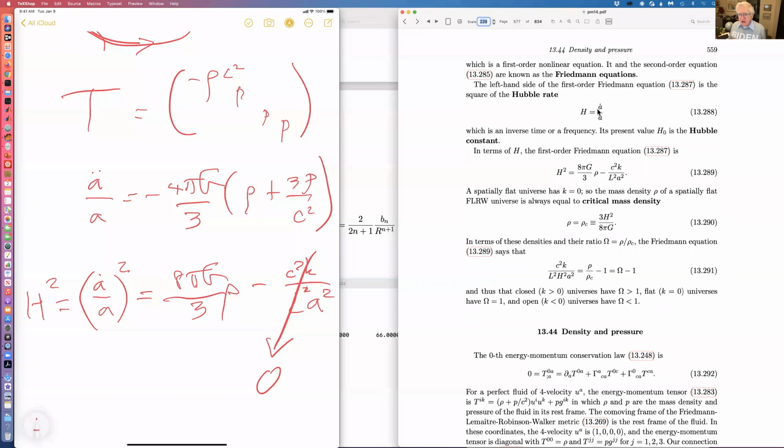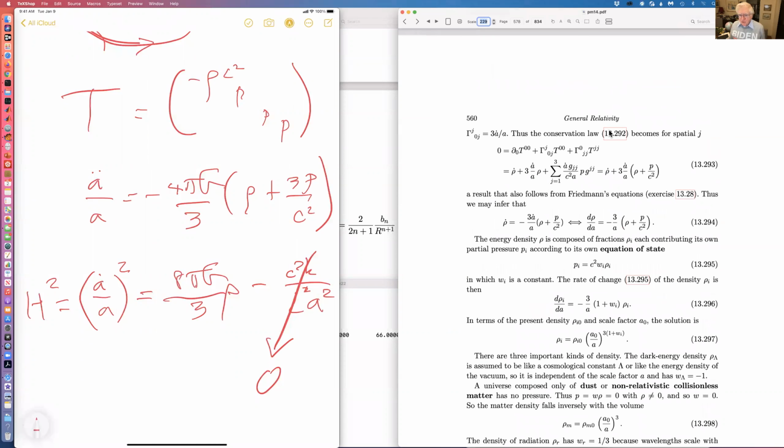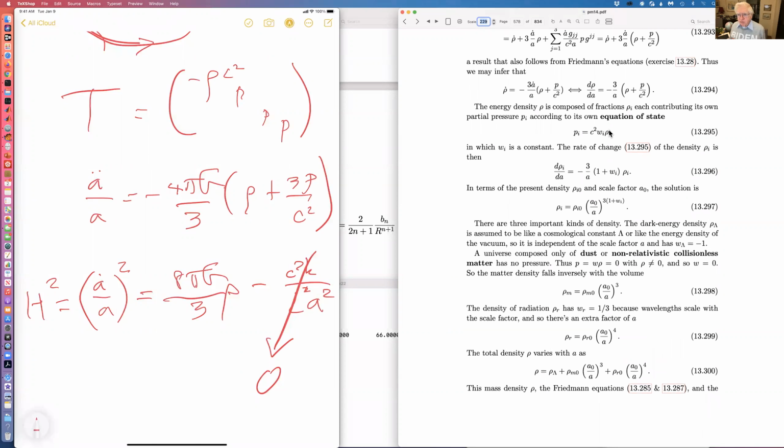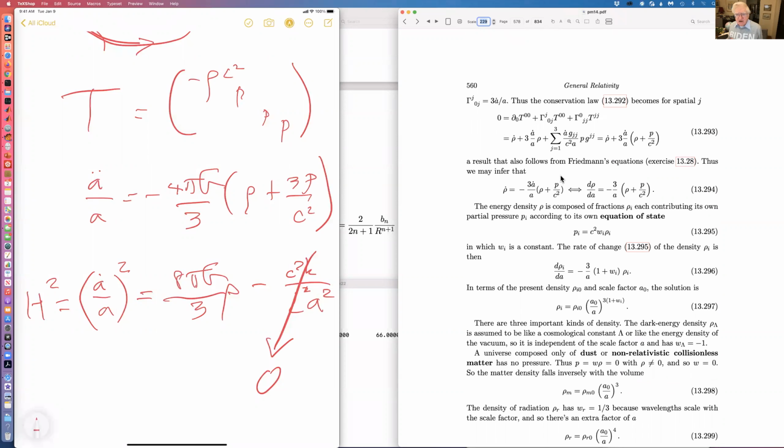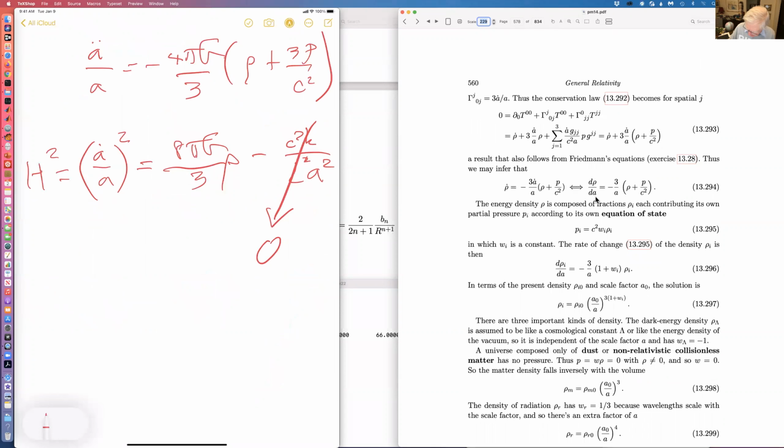So remember, the Hubble constant is A dot over A, and if you work out how pressure and mass density are related to each other, energy conservation gives you a nice equation for such things.